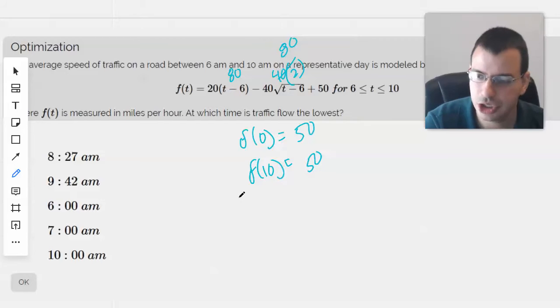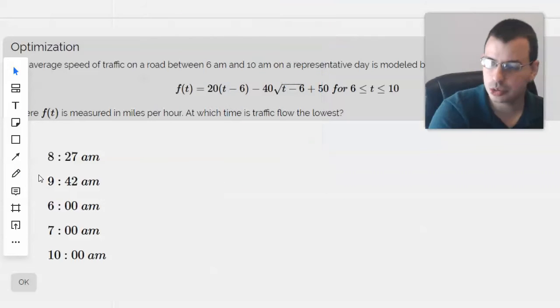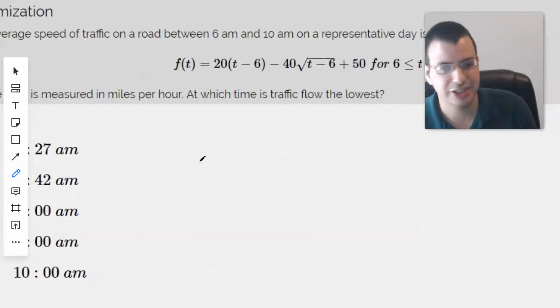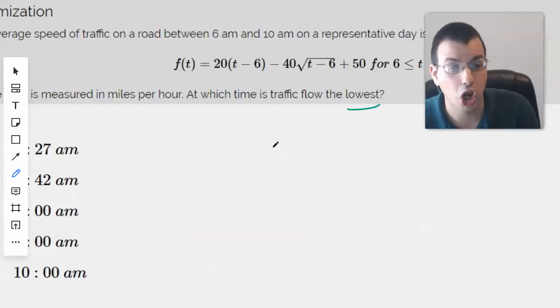Interesting. So to optimize things, we're going to find a maximum and or minimum. I guess in this case a minimum. Slowest, lowest.